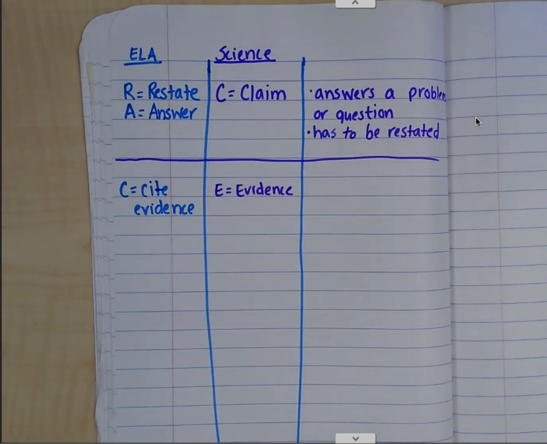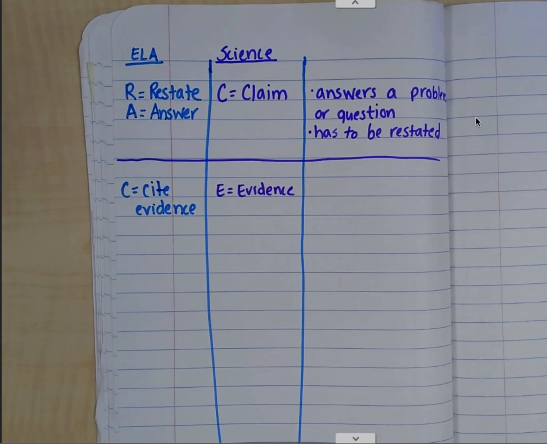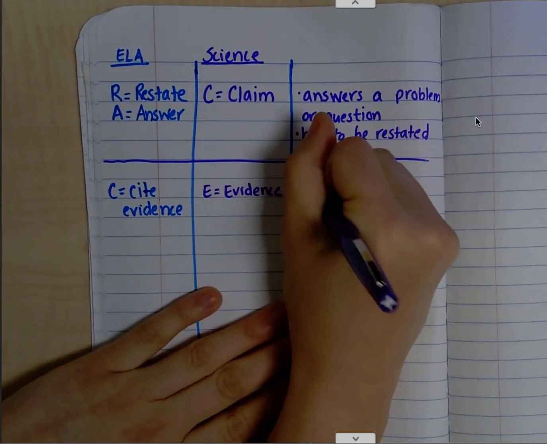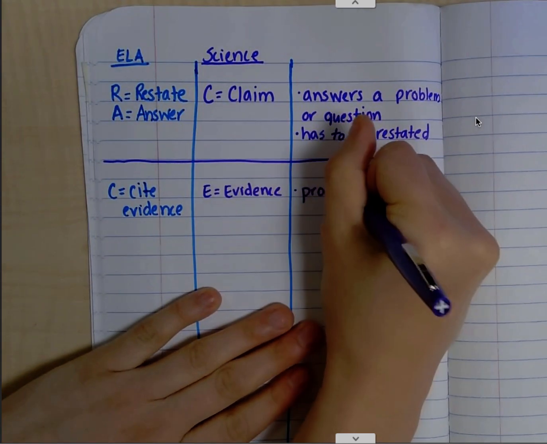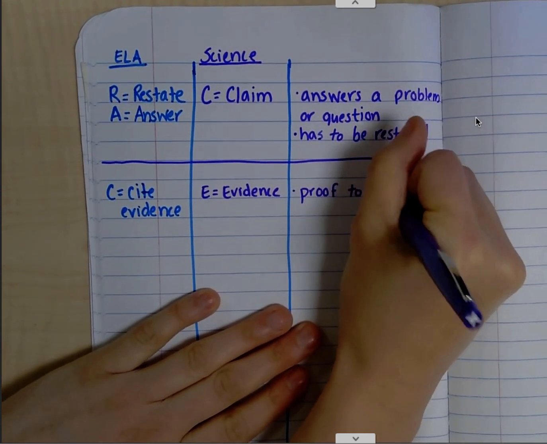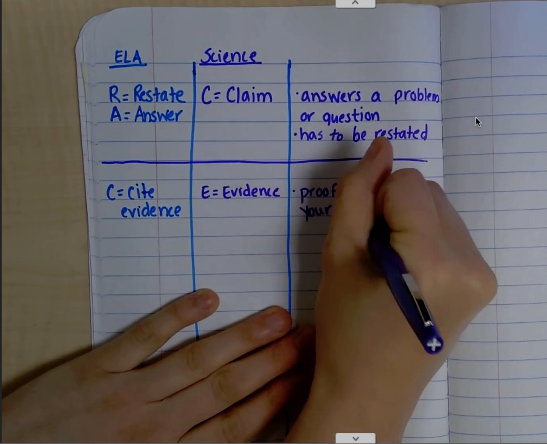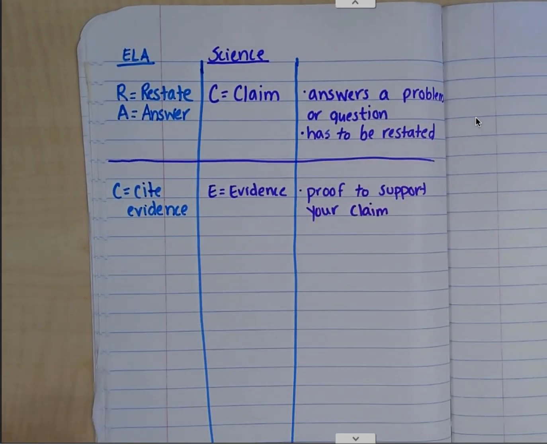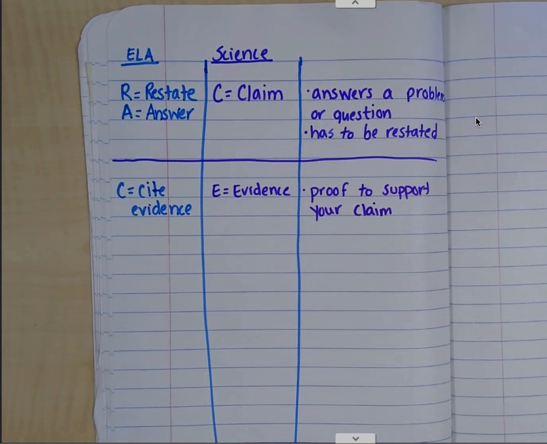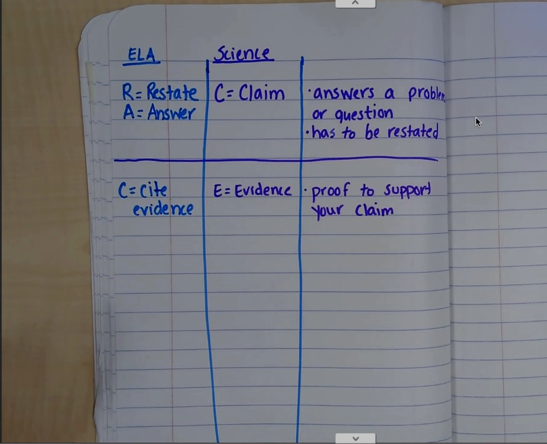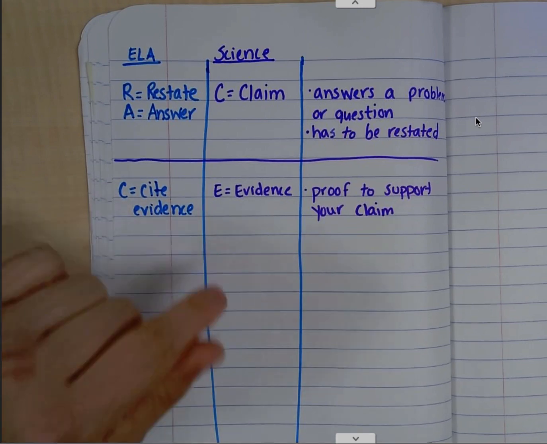And it's basically, why should anybody believe what you have to say? Why should anybody take you seriously? Well, it's proof to support your claim. And most of you are fairly familiar with this from ELA, where you are going up into a paragraph or something and citing textual evidence. So instead of saying cite evidence, we just say evidence.